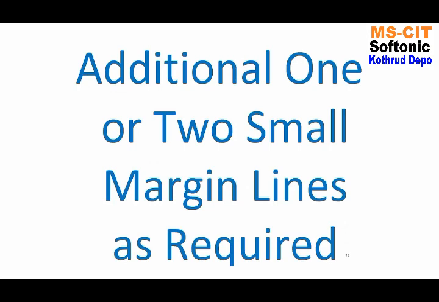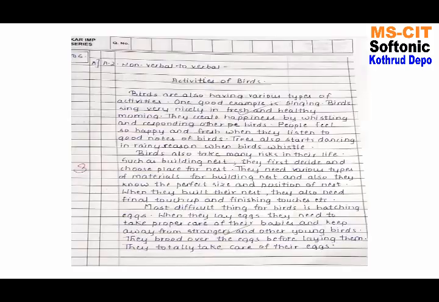As required, on the left-hand side you can draw one or two additional margin lines, especially for SST and science. You need two additional small margin lines, and in that second small margin you will write the point number, because in SST and science we normally write all answers in points: point number 1, point number 2, point number 3.